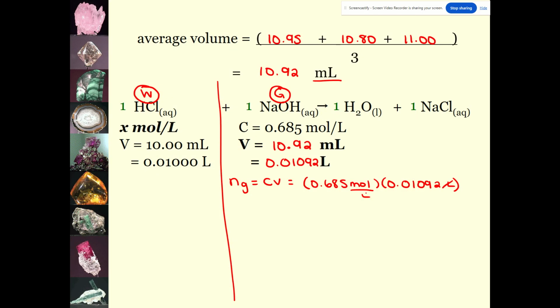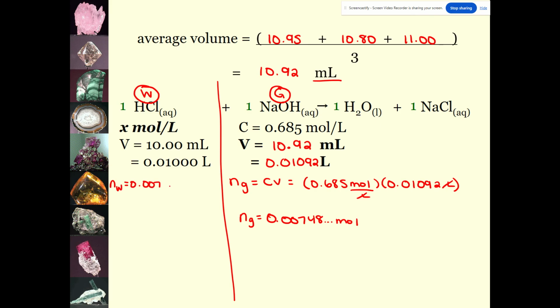So our liters cancel, and we will be left with moles. 0.685 times 0.01092. We get 0.00748, so on, as our moles given.